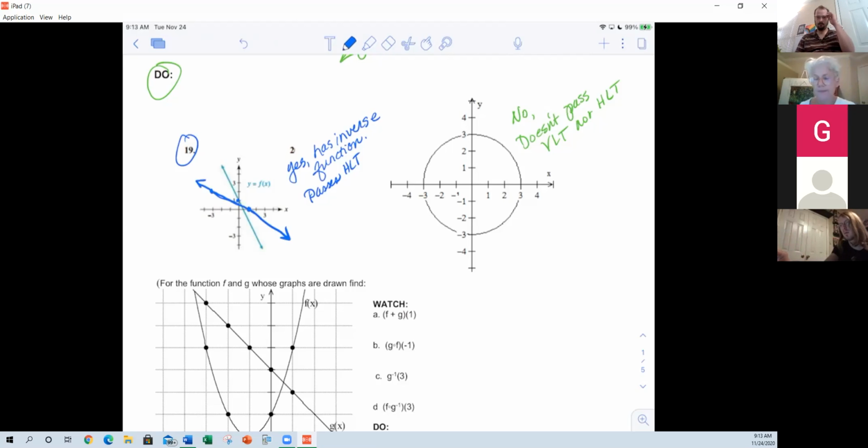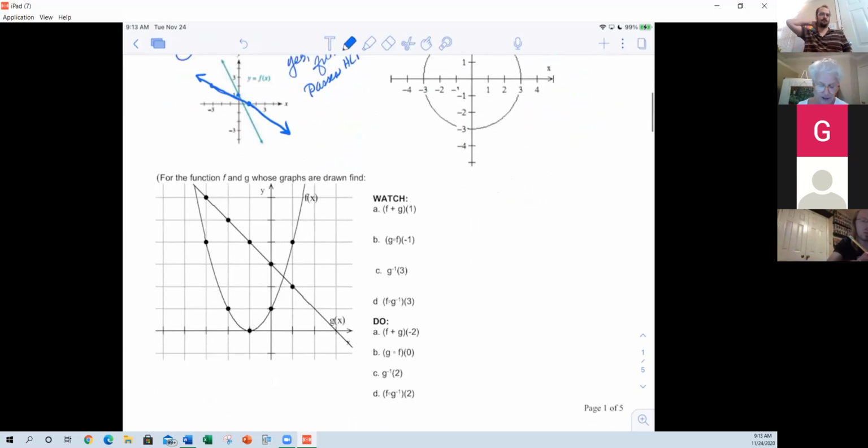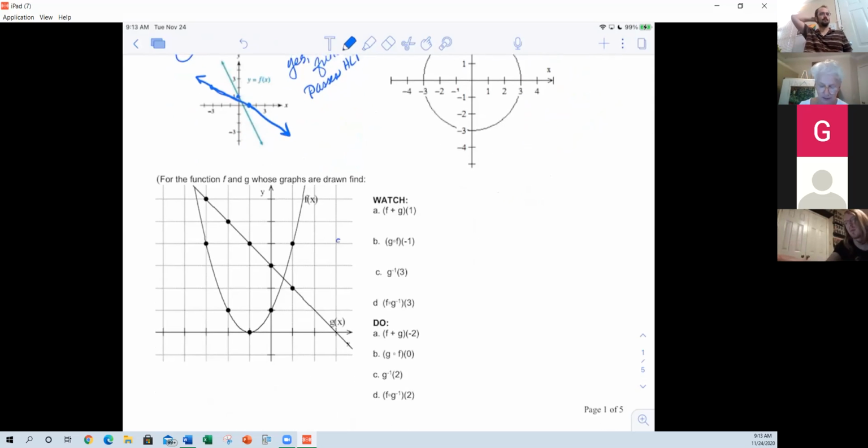Can we pick any points for the inverse? You may. Now, if you have a graph like this one, you would probably want to pick enough points to where you could actually draw the shape. These are lines, so you really only need to pick 2 points.